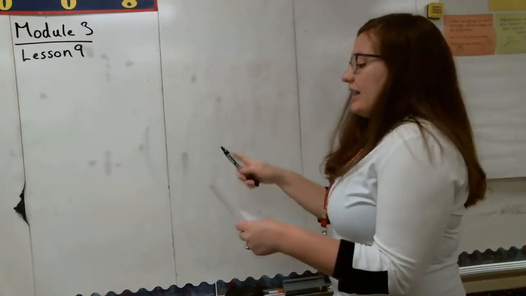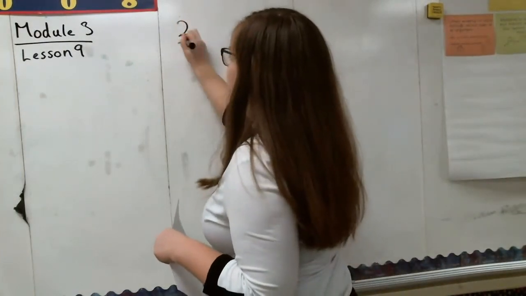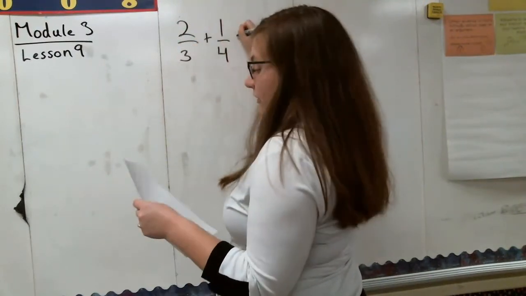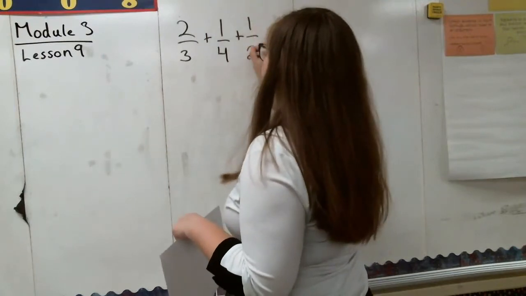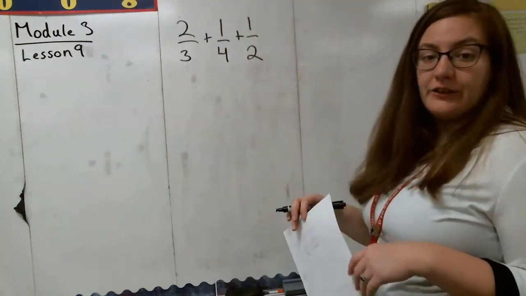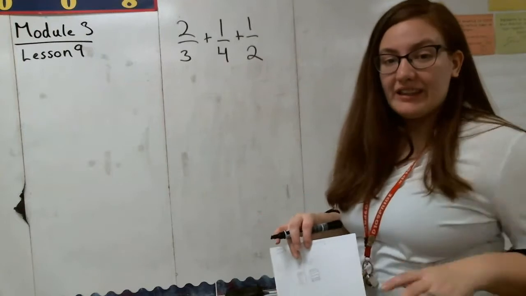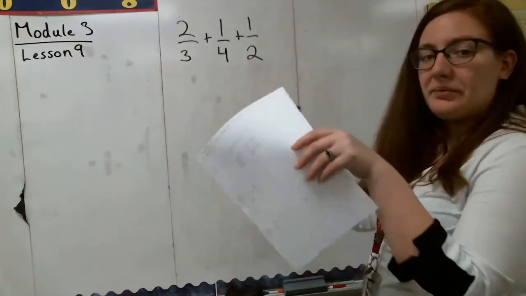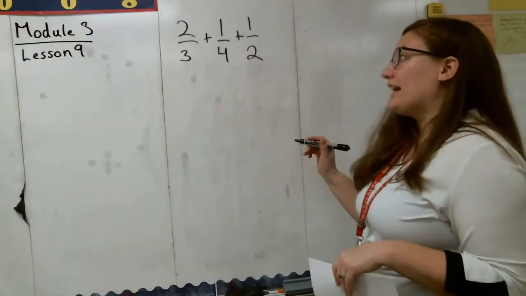And this is going to look tricky, but I promise it's not that bad. So we have 2/3 plus 1/4 plus 1/2. So what we're going to do for this problem is that we are again going to think about what our least common multiple is, because I can't just swap the numbers and multiply them all by each other.